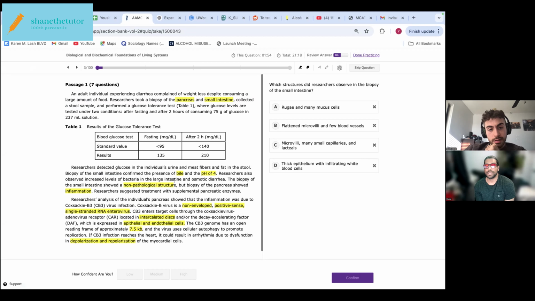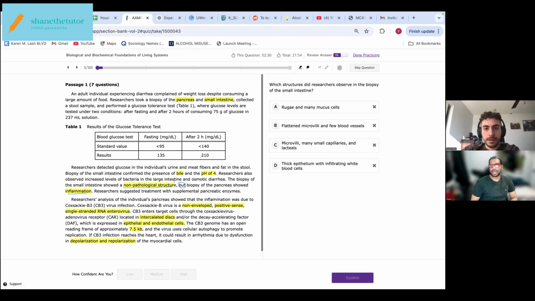What does it mean to be non-pathological? I don't know. We could use a card trick here. Contrast word, inflammation. Inflammation's bad. So non-pathological means it's normal. If something's pathological, it means it's not normal.